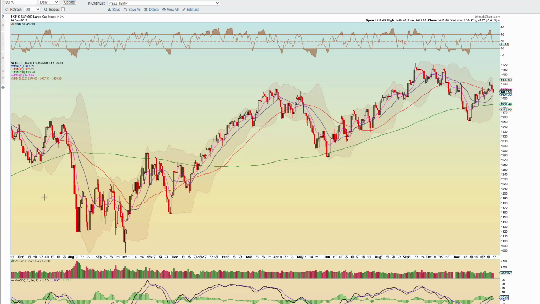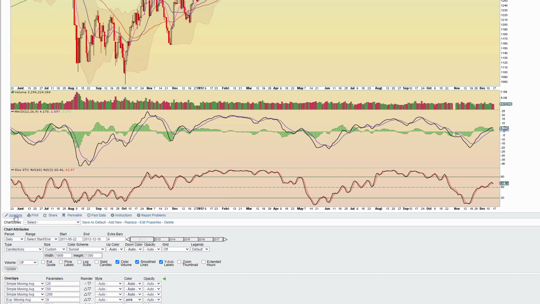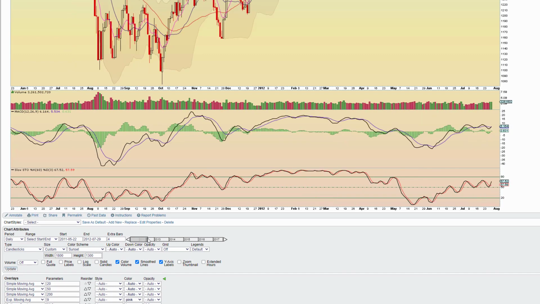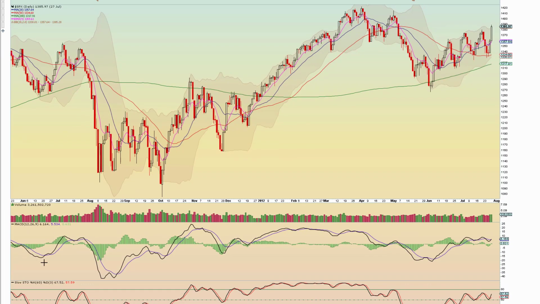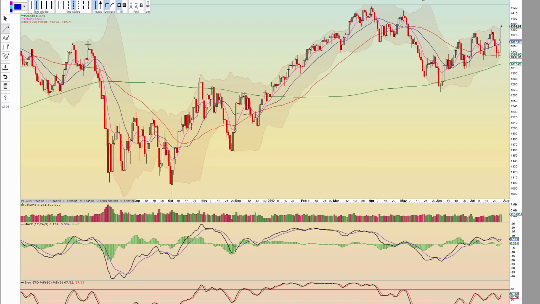Here's another S&P. Now this is the daily chart here, and what is this? This is that 2011, that 25% sell-off, all this chop. Let's take a look at some of this here. All right, so this was obviously a big sell-off, right?